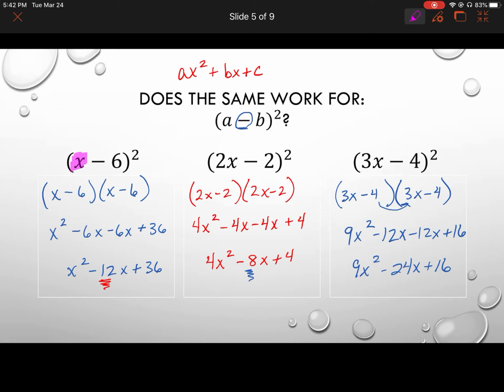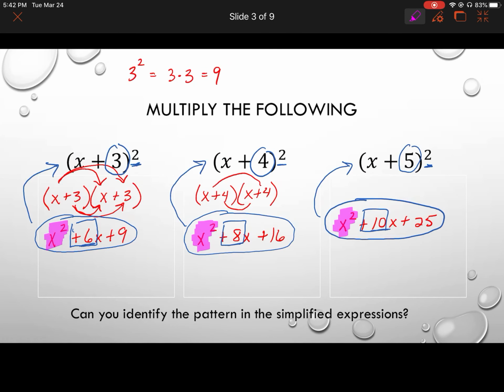Here, x gives me x squared. Hopefully you get the idea. 2x squared, 4x squared, 2x, 4x squared, 3x, 9x squared, right? So definitely a pattern there. Let's go back to the very first one again, and let's look at the middle term. No, sorry. Let's look at the last term, because that's easier to spot.